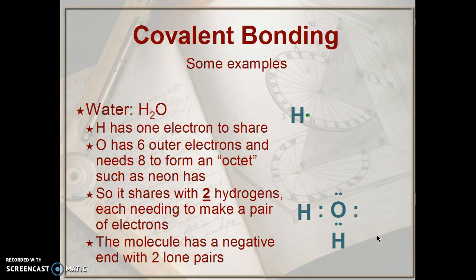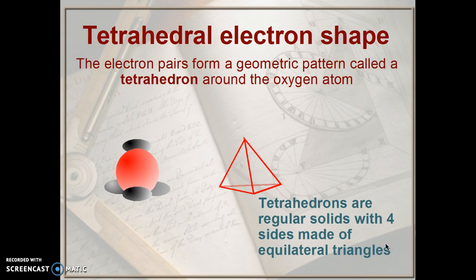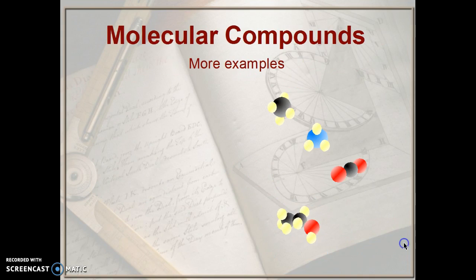The molecule then has a negative end here with those 2 lone pairs and a positive end down here with its 2 hydrogens. The shape of these 4 electron pairs around any central atom are tetrahedral. And of course, a tetrahedron is the regular solid you get from 4 equilateral triangles.